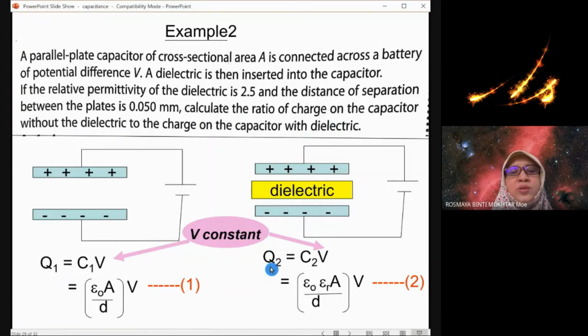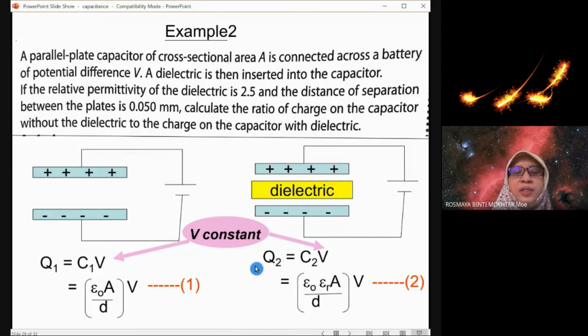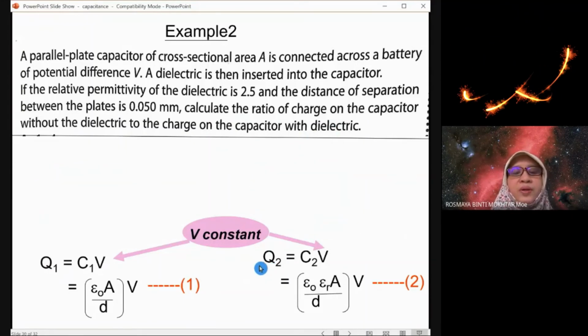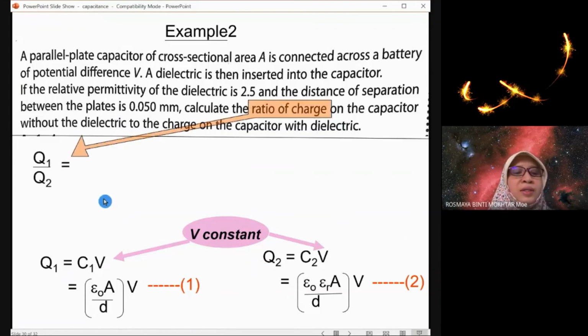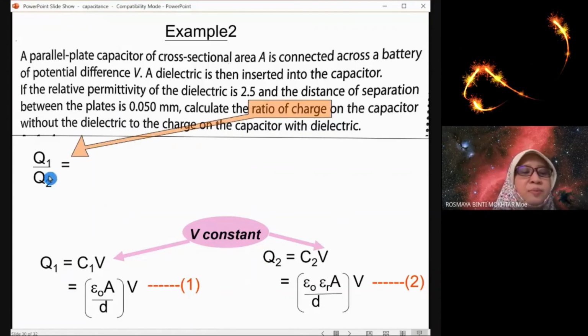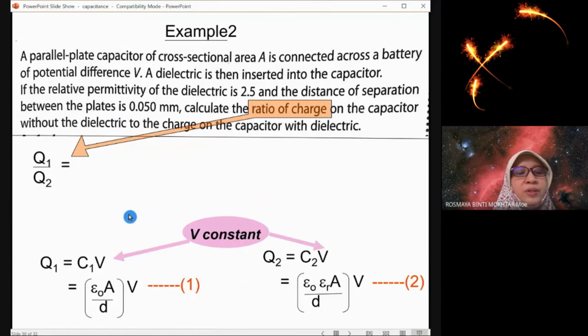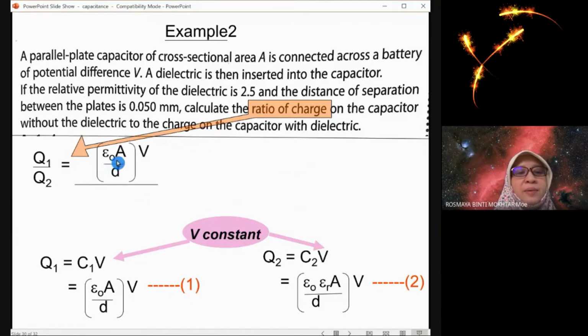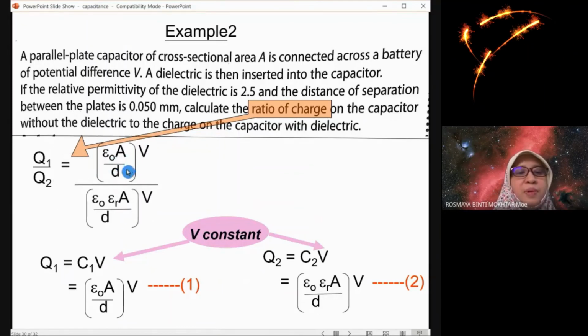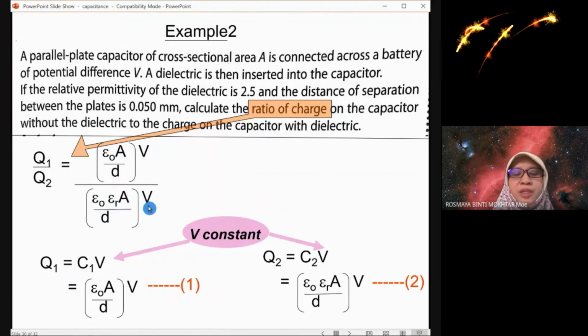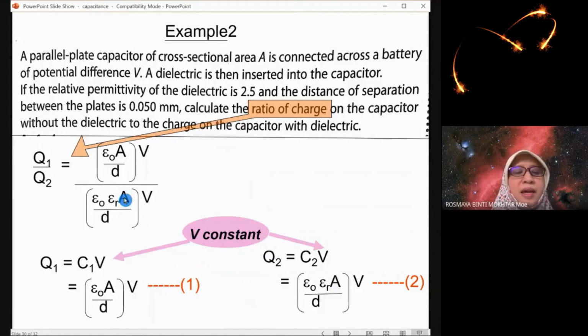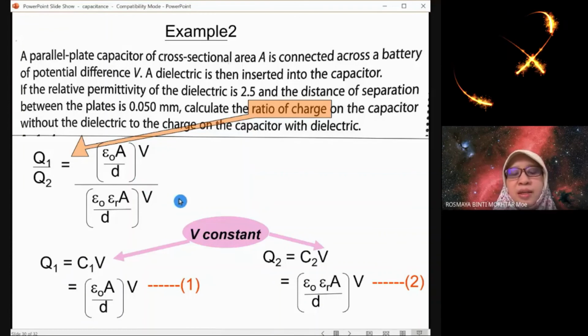So we take the ratio Q1 per Q2, that means epsilon naught A per D times V, over epsilon naught epsilon R A per D times V. This is the physics concept, and after this it is the maths. We use the ratio method to solve this simultaneous equation.